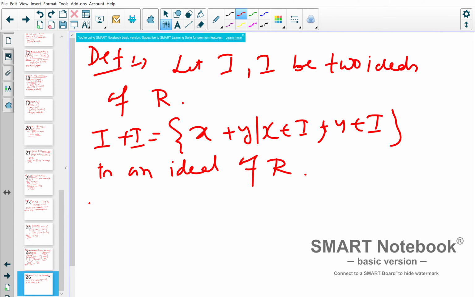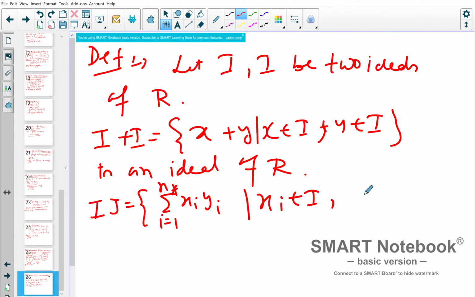And the product is what? The product you cannot define like that. For the product you need finite sums of products. So you take the sum of x_i y_i, where i is from 1 to some n, for some n. So n is not fixed. So it is a finite sum, where x_i is an element of I and y_i an element of J. You choose some elements x_i and y_i and take the finite sums.